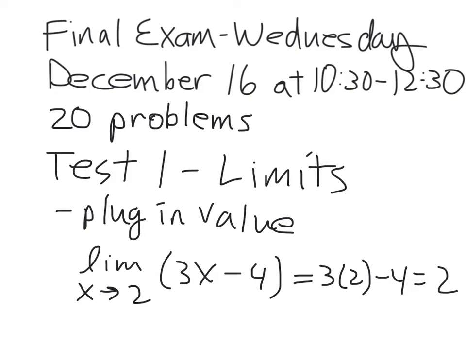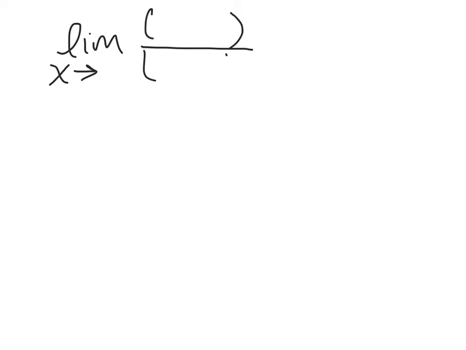A lot of the limits will be a fraction, and where whatever the top is, whatever the bottom is, and whatever x approaches, many times we ended up with 0 over 0 if we just plugged in the x value. And that's a case where you've got more to work on.